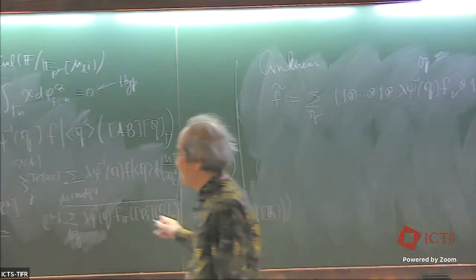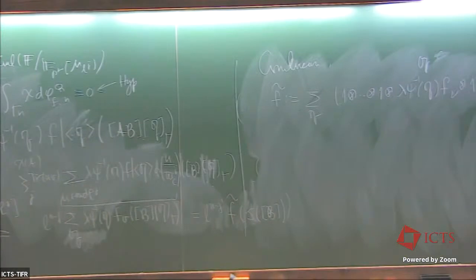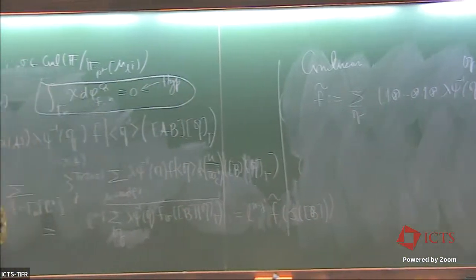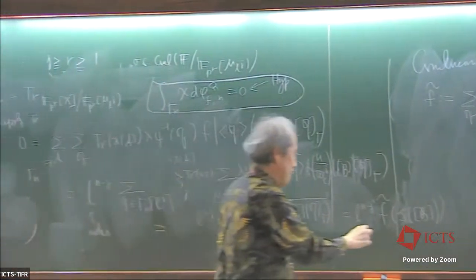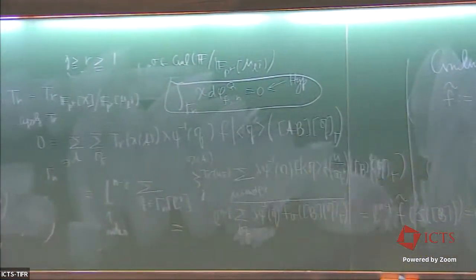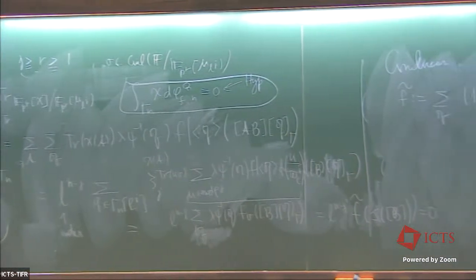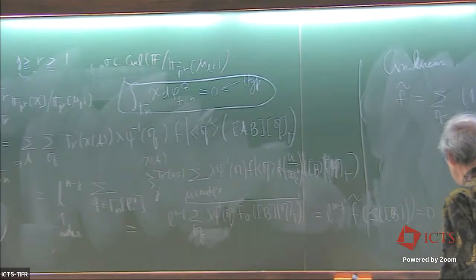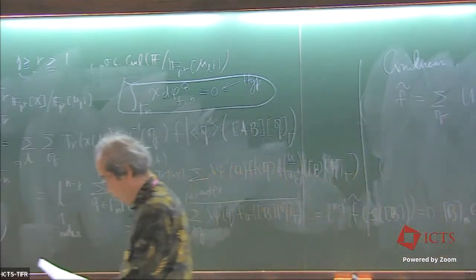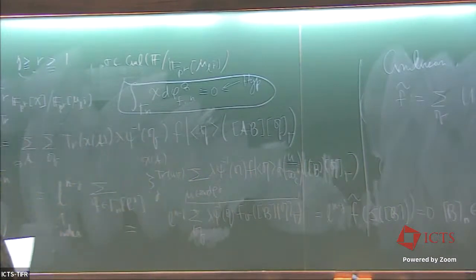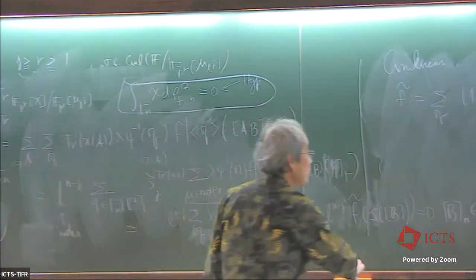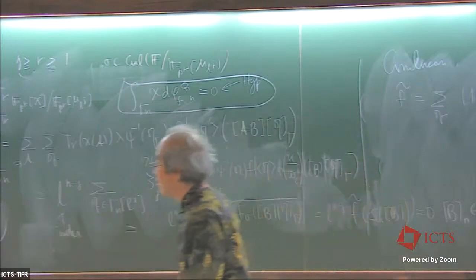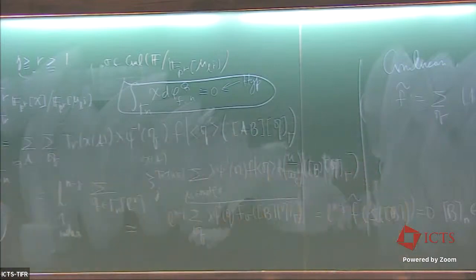So by this computation, if I suppose this is 0, then this guy will be 0, for B in gamma n. So from this, it's a kind of punchline.